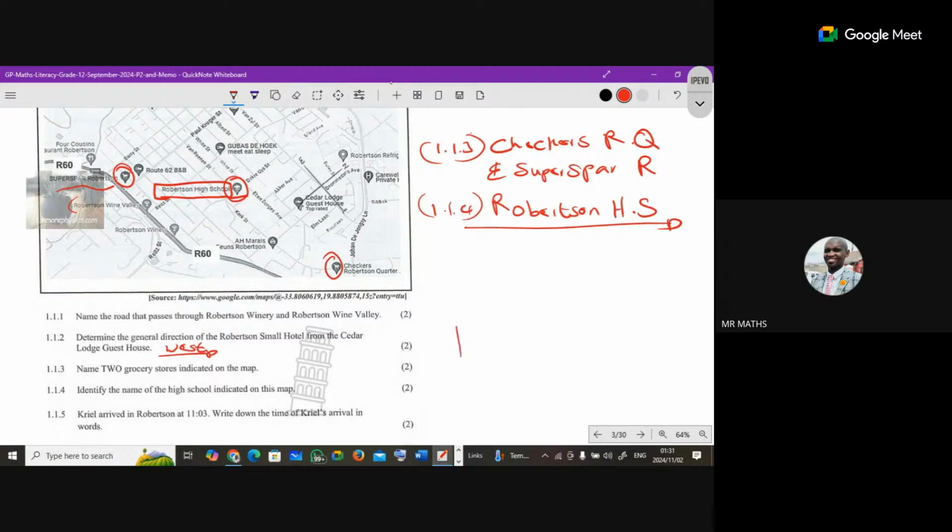Okay. Then now we move on to the next question, 1.1.5. Tral arrived in Robertson at 11:03. Write down the time of Tral's arrival in words. So in words, it's not 11:03.